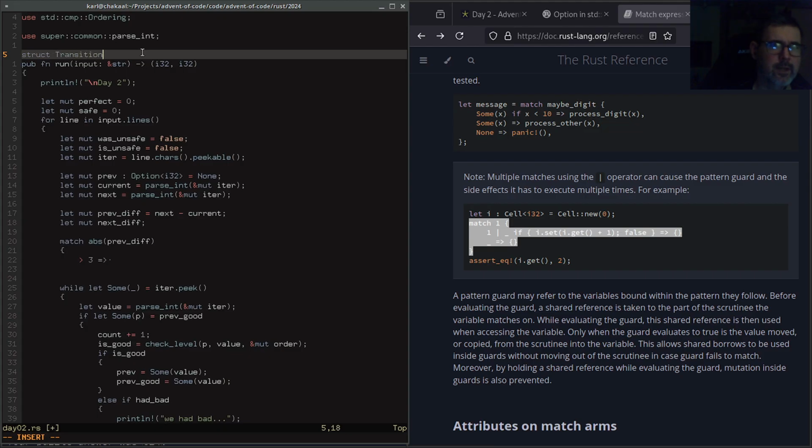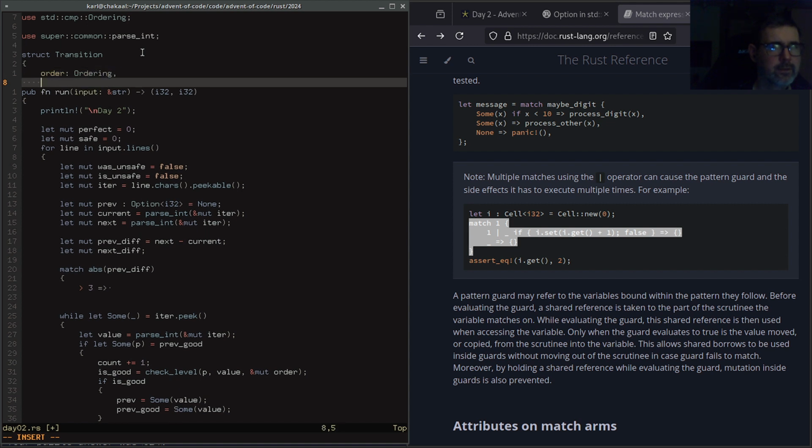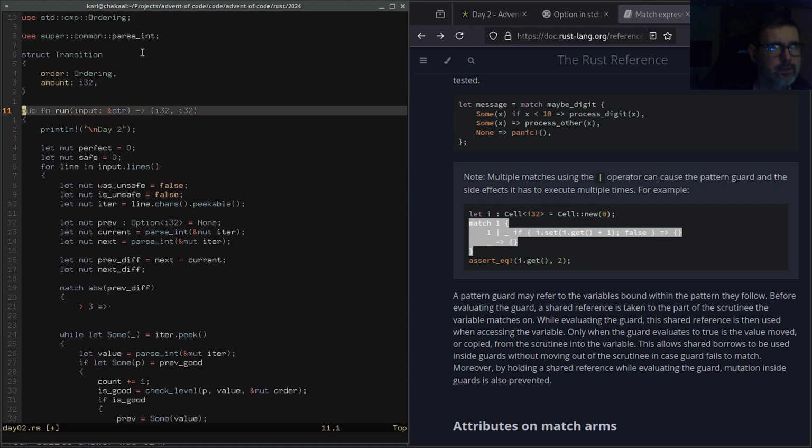So let's just do that. So we want, I don't know, order, that's going to be an ordering, and we want amount, and that'll be an I32.